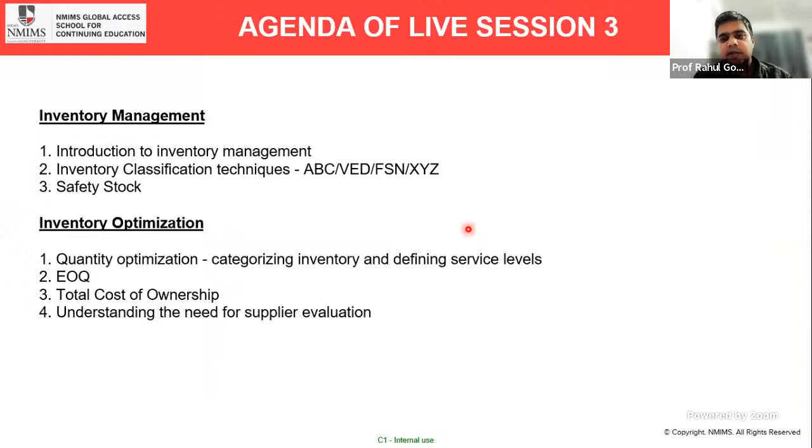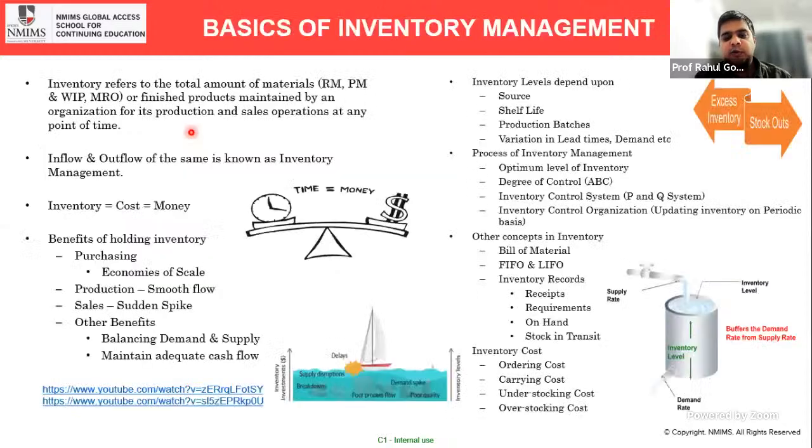So this was the agenda of our previous session, wherein we said that we are going to look at two important aspects: inventory management and inventory optimization. Within inventory management, we went through a lot of basics.